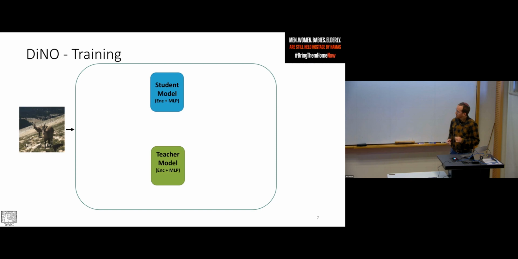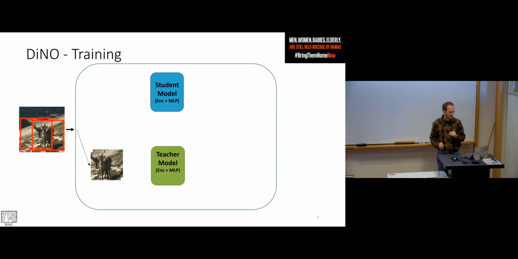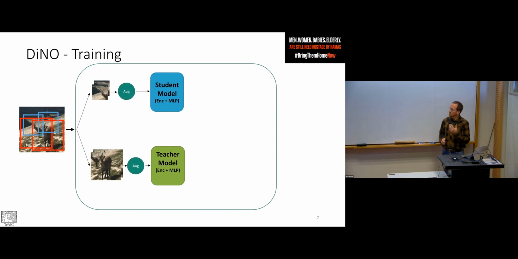We're going to take an image and take crops from that specific image. We're going to take very large crops and give them to the teacher, so the teacher sees the bigger picture here. Then we're going to take smaller crops and feed them to the student. We're going to apply some augmentations on the crops, like color jittering, flipping, and things like that, some local augmentations.